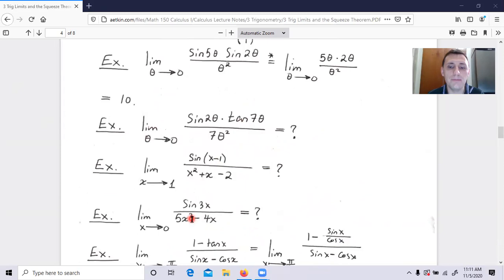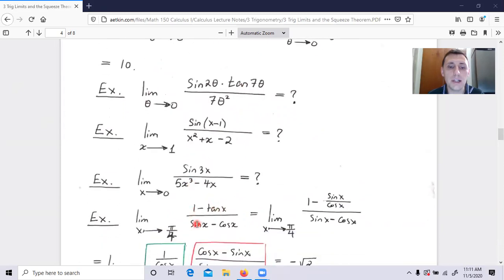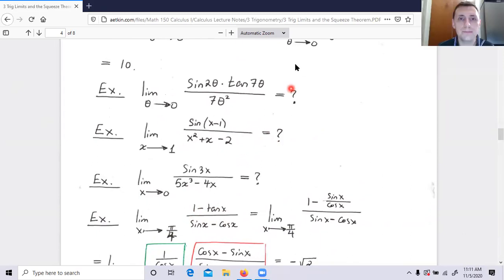What about this one? 1 minus tangent x over sine x minus cosine x, where x approaches pi over 4. Let's do it actually on a separate whiteboard. Okay, you see the question, guys?